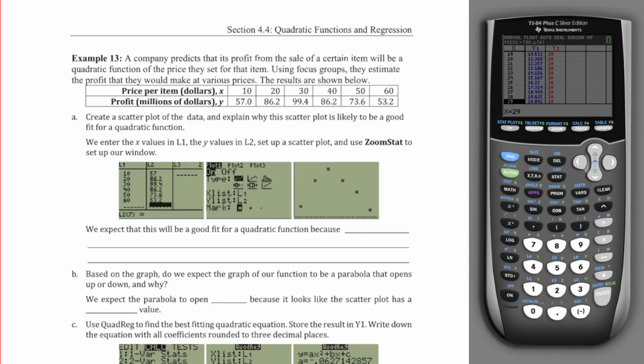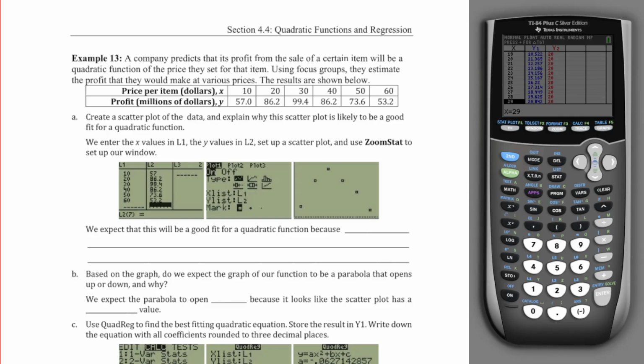So they need to figure out what their profit will actually be. They do some focus group testing, and they find out that depending on the price, they'll make these profits. So if they price the item at $10, they'll make a profit of $57 million. If they price the item at $50, they'll make a profit of $73.6 million, and so on.